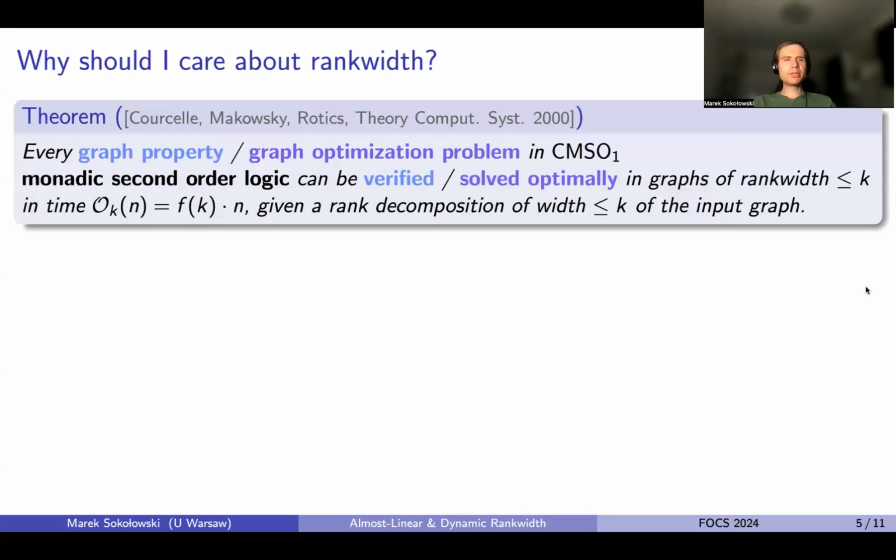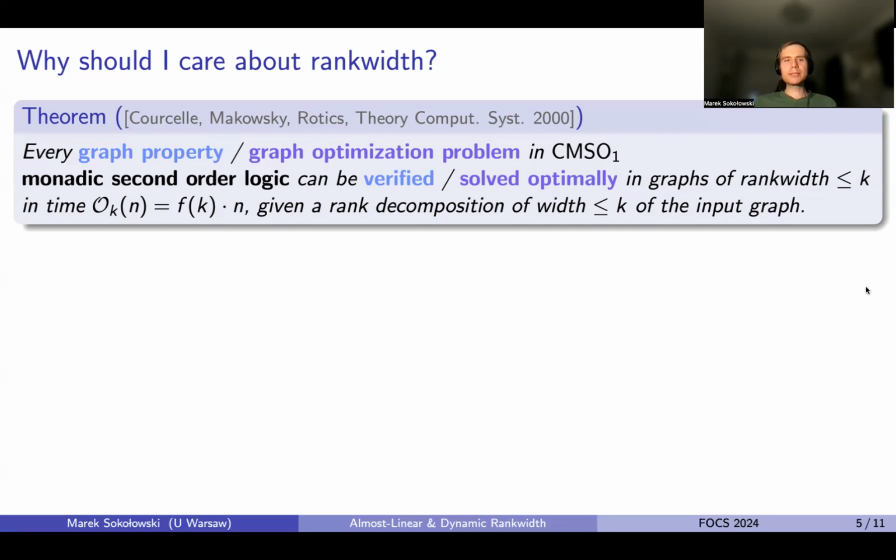So there's this theorem of Courcelle, Makowsky and Rotics that says that whenever I have a graph property or a graph optimization problem that's expressible in the variant of monadic second-order logic called CMSO1. So it's like monadic second-order logic with counting predicates and the predicates of the form there exists a set of vertices, or for all sets of vertices, something happens.